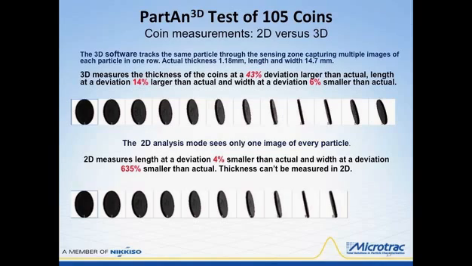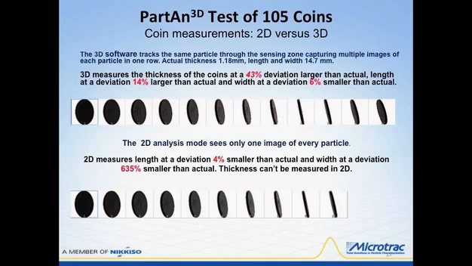Recall that the smallest width is assigned the 3D thickness value. So when there's only one image per particle, width and thickness would be assigned the same value, which makes the so-called 2D thickness meaningless.